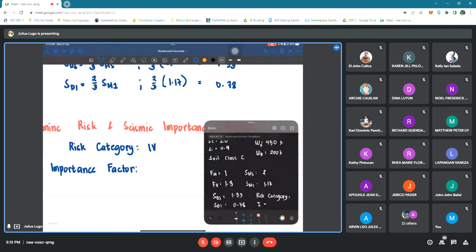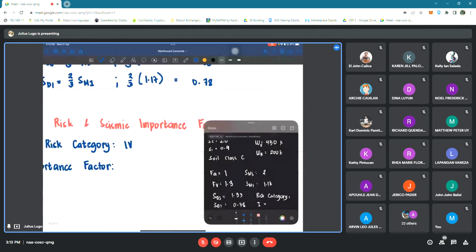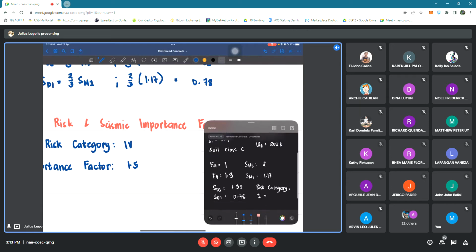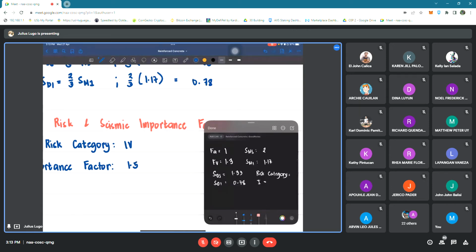So what's the corresponding importance factor in terms of risk category 4? 1.5. Okay, so those are now your values. So, you know what, I'm just gonna erase this. So, isulat ko siya dito sa quick notes, guys, para kahit pa paano, kung mag-scroll man ako, nakikita niyo siya.